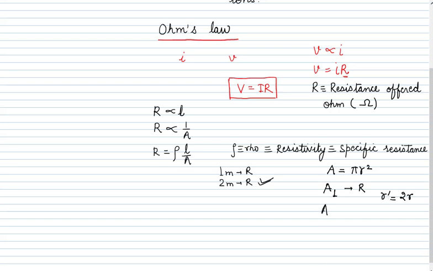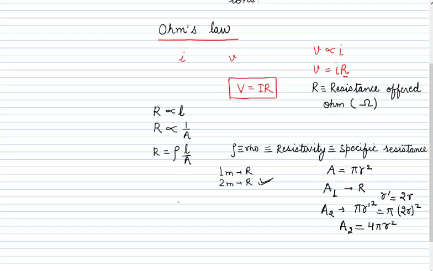Then see what the new cross-sectional area will be. It will be simply pi r dash square. That means pi, and this r dash is twice the initial value r. So this comes out to be 4 pi r square. That means our cross-sectional area A2 will be 4 times the initial value.